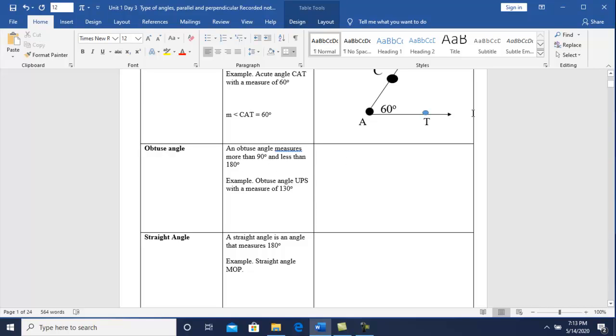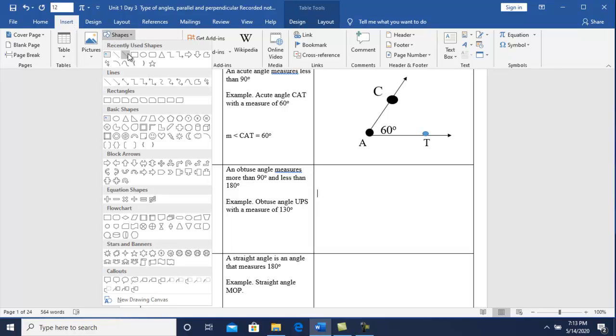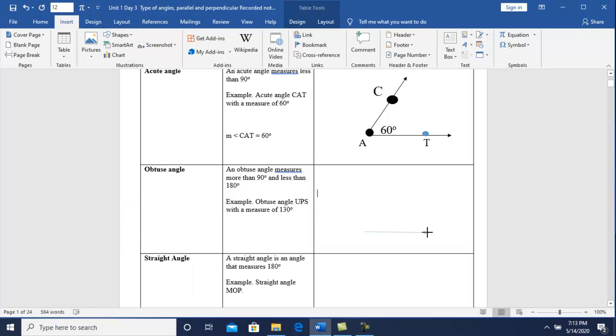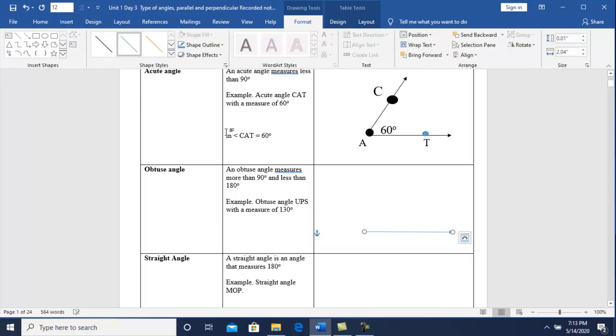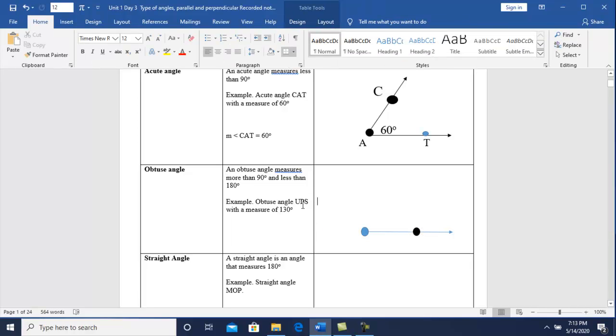So we're going to draw an example of an obtuse angle. When you start, make sure you draw your ray. You have the two dots here. This is your endpoint, and you need a second point. Now the middle letter is your vertex.